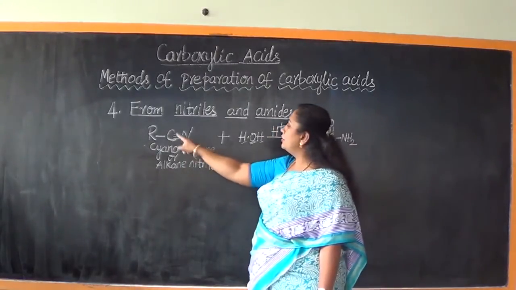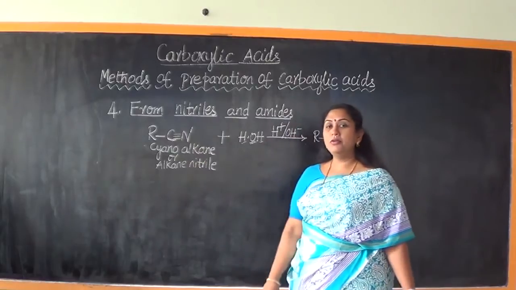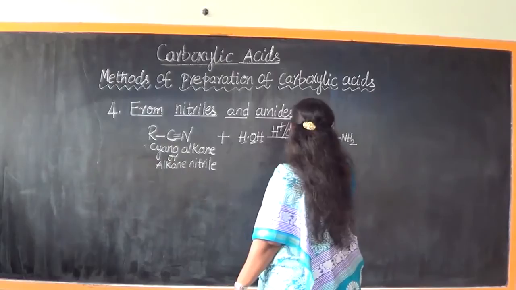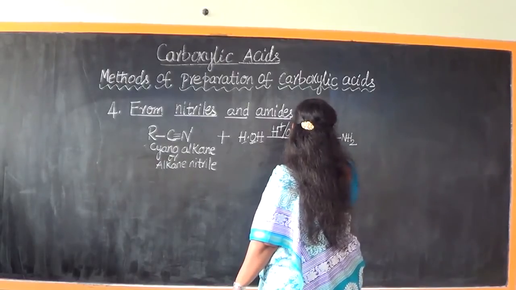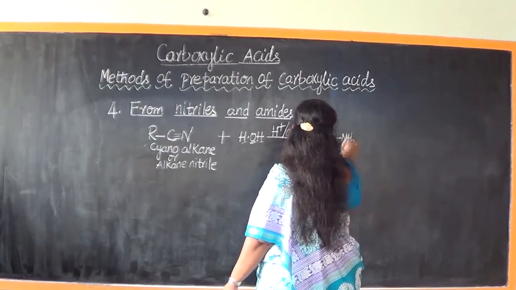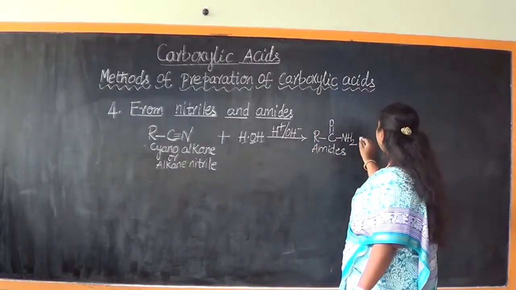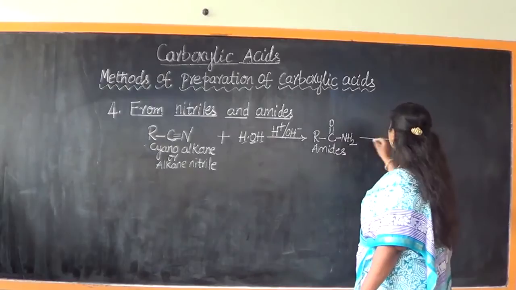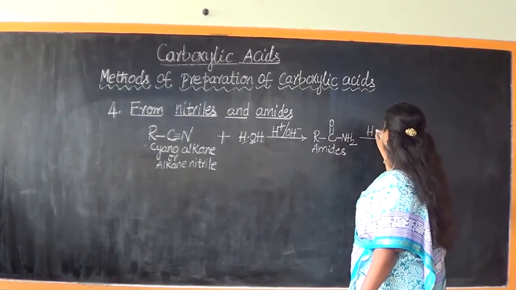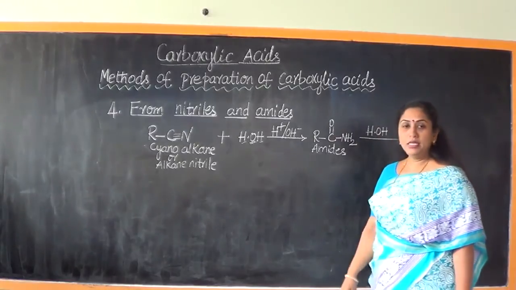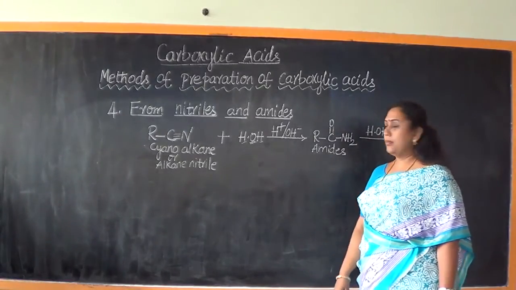The other two bonds, the pi electron cloud, would have got cleaved. So now we landed up in the formation of amides. So this is the first step. We obtain the corresponding amides. After obtaining amides, further it has to be subjected to the process of hydrolysis to obtain the corresponding carboxylic acid.